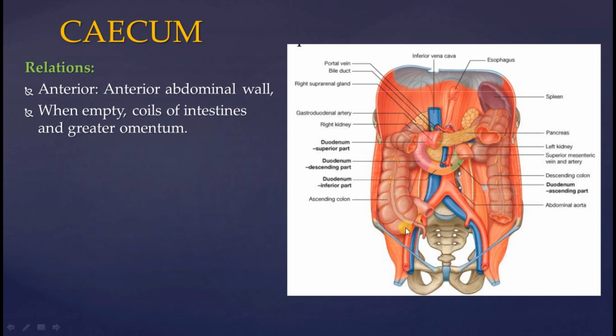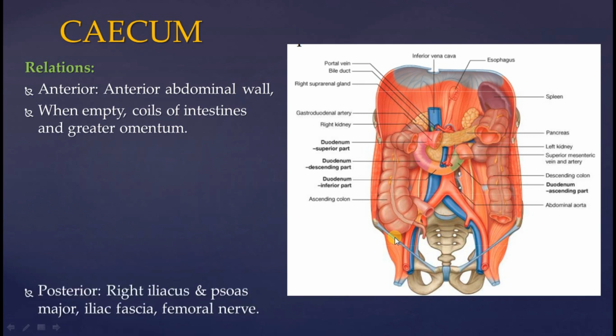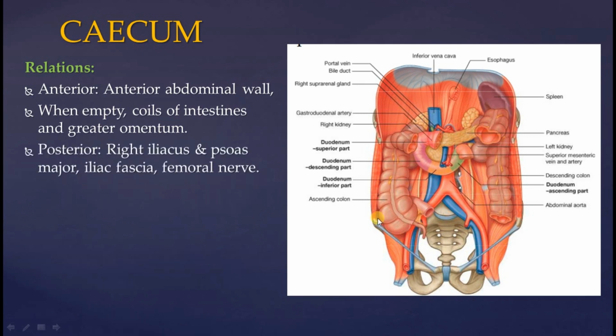Posteriorly it is resting on the posterior abdominal wall muscle, psoas and iliacus, covered by fascia, the iliopsoas fascia. Between the fascia and the muscle you have the femoral nerve, lateral femoral cutaneous nerve, and genitofemoral nerve. All these are behind the cecum, so they form the posterior relations of the cecum.